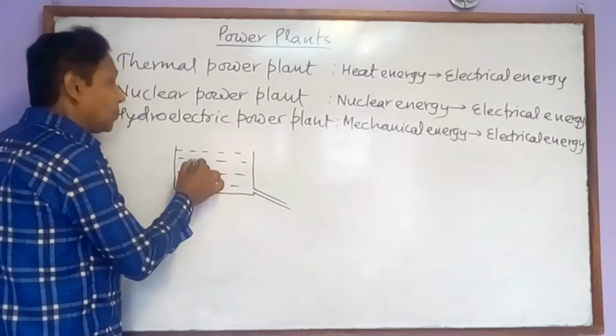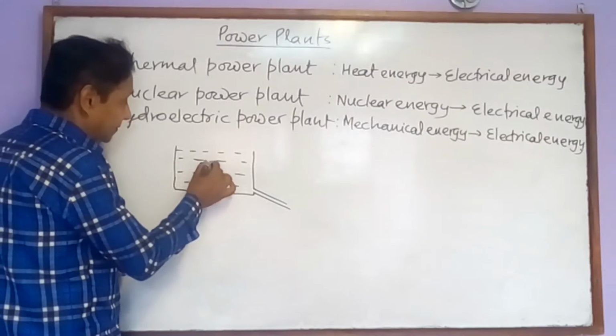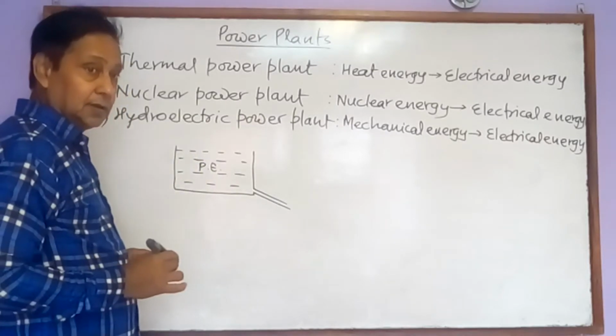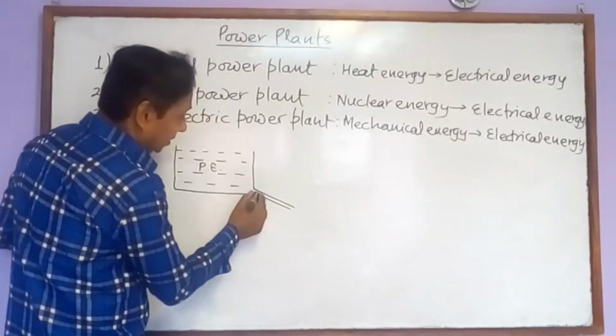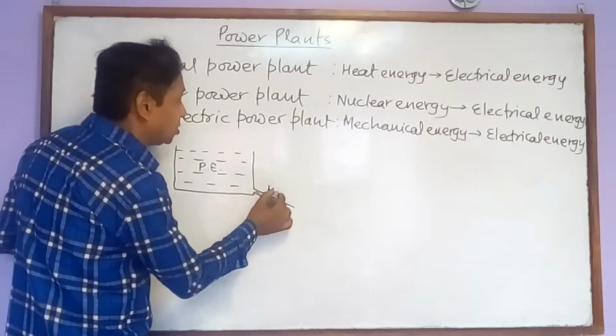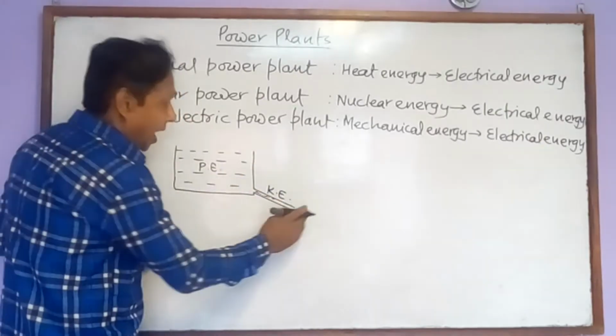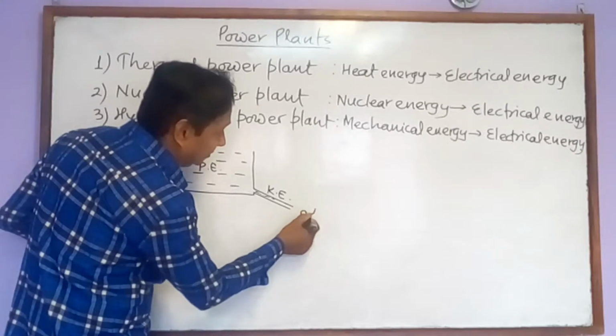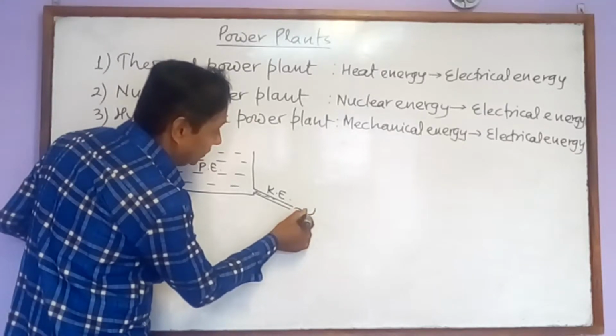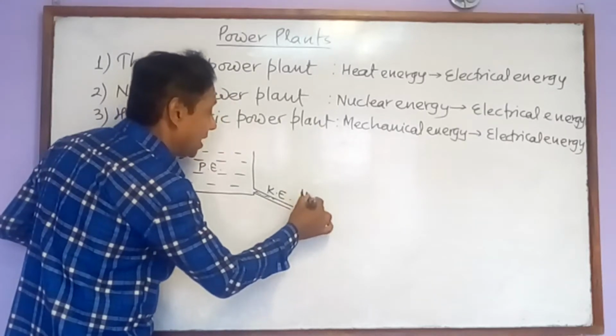Water collected in the reservoir contains potential energy, and when it flows through the tunnel, the same potential energy converts to kinetic energy, and when this flowing water rotates the turbine, the kinetic energy converts to mechanical energy.